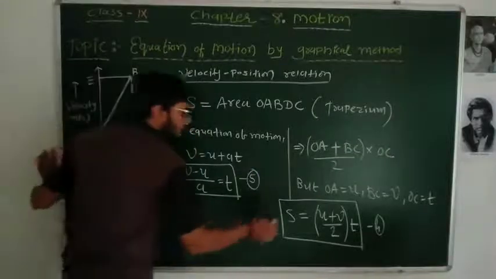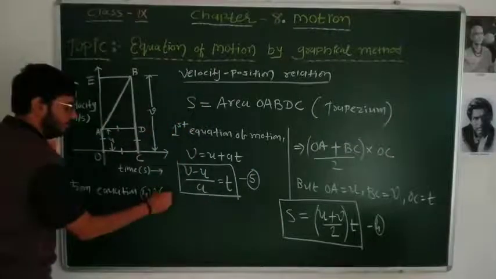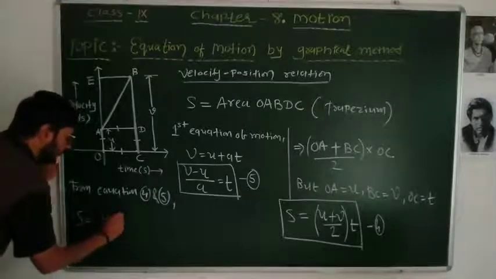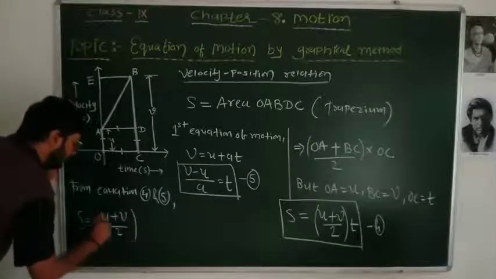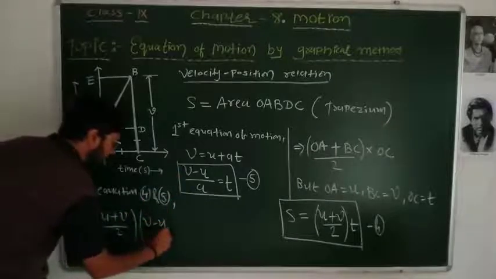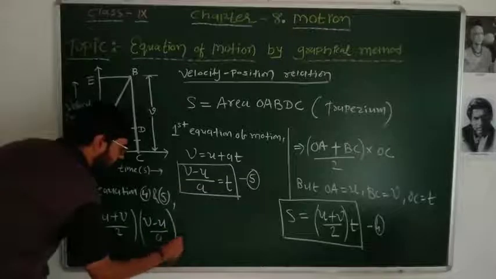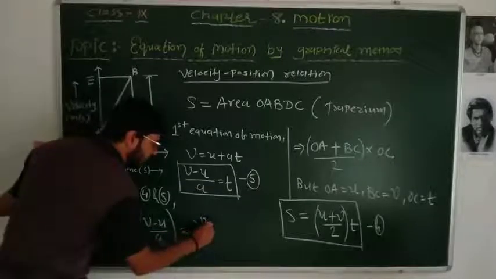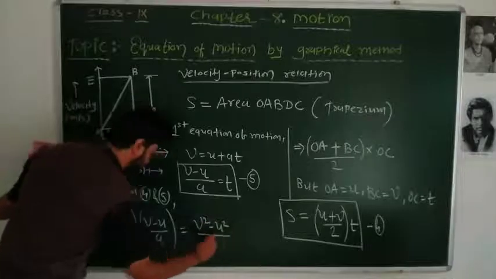So from equations 4 and 5 we can write s is equal to (u plus v) by 2 times t. Here t is nothing but (v minus u) by a. So here we can write (v square minus u square) by 2a.